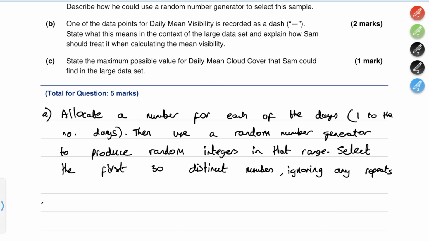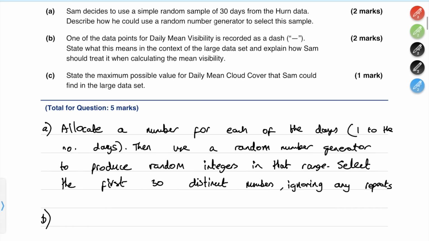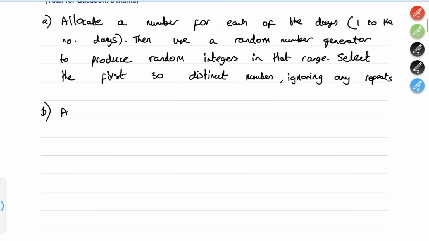For part B, we've got data that is recorded as a dash. What does that mean, and how should we treat it? A dash represents no observation recorded for that day.